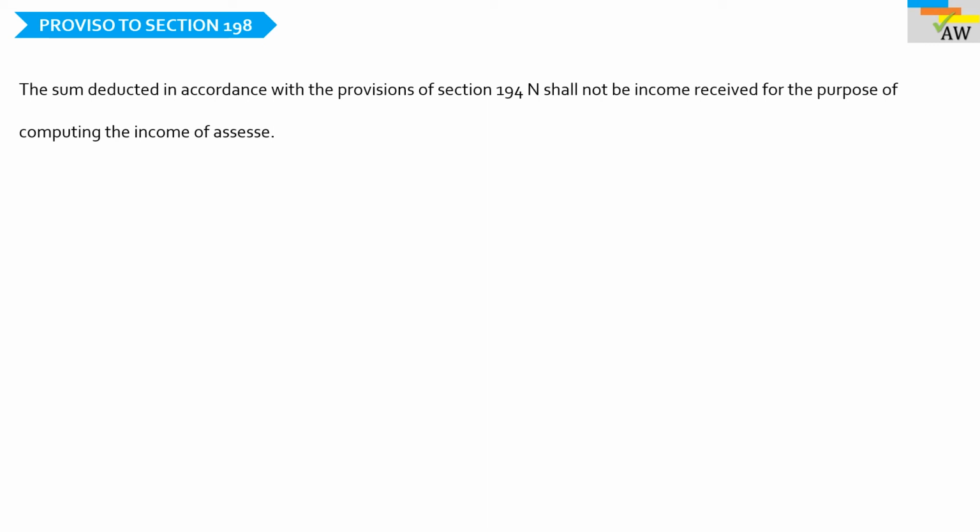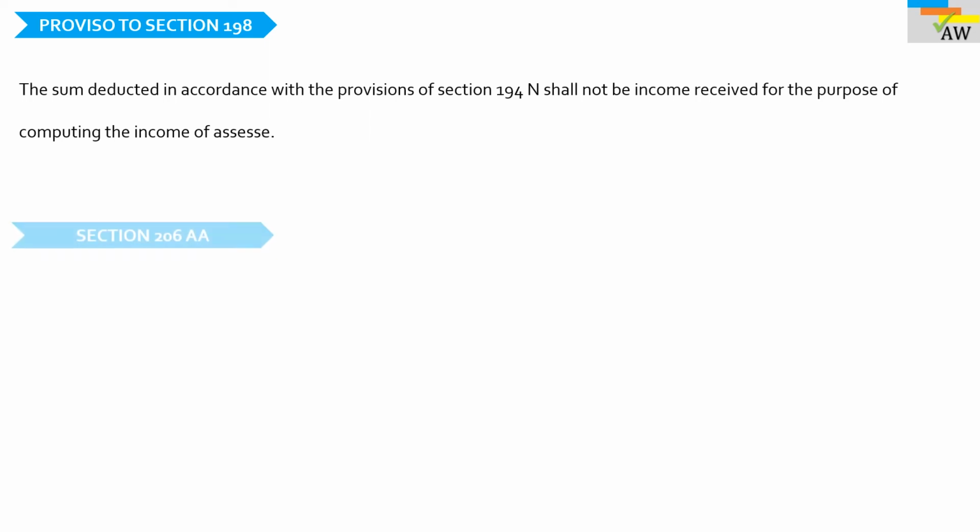But this proviso to section 198 says that for the purpose of this particular section, which is 194N, when TDS is deducted on any amount which exceeds the set threshold limits, then such amounts won't be considered as income in the hands of the recipient.